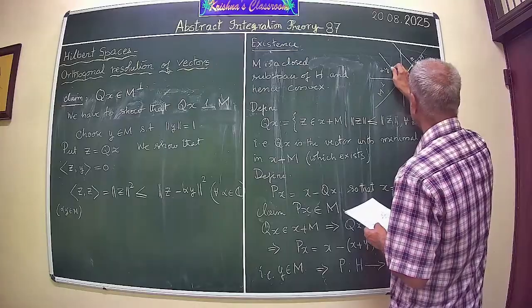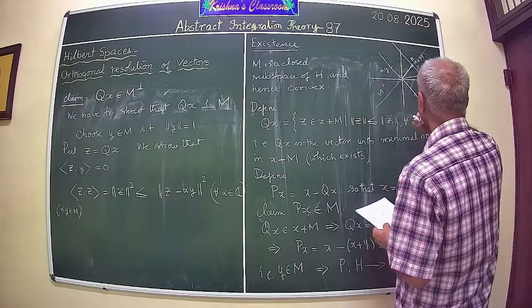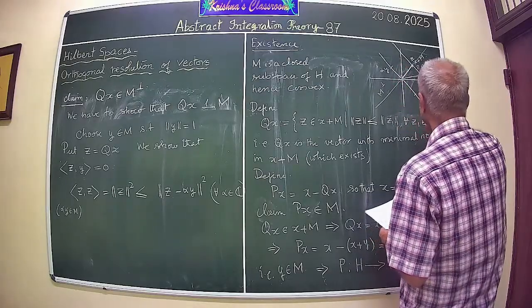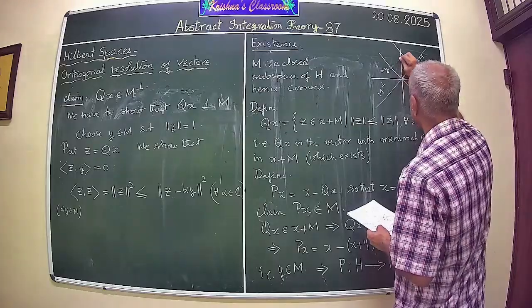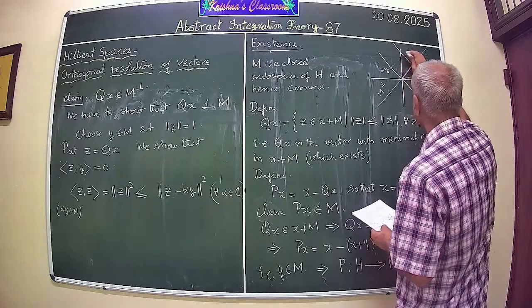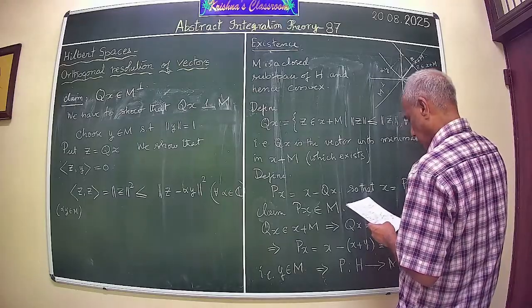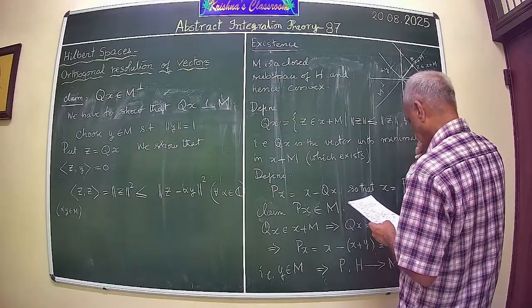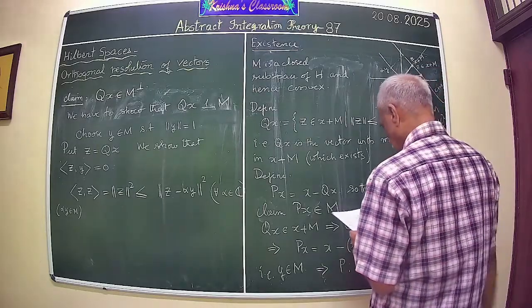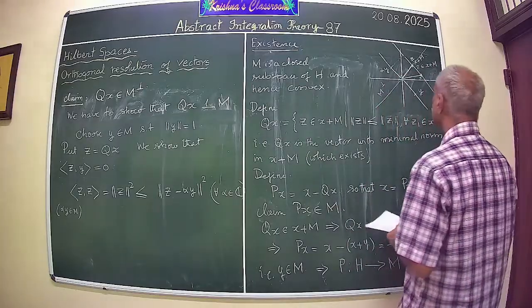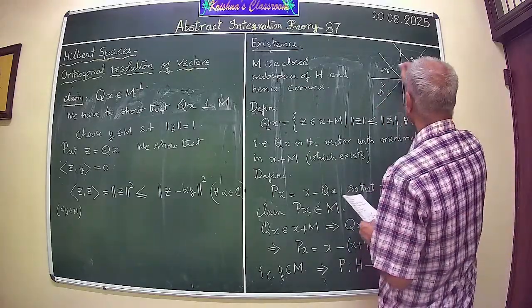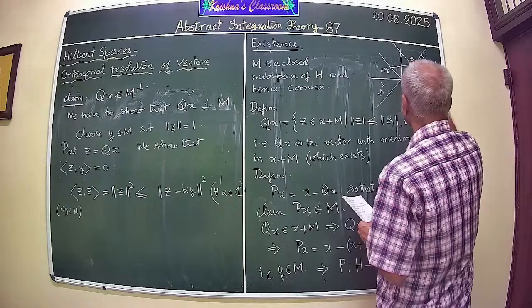Z minus alpha y is essentially this vector. It's the distance from z to alpha y.